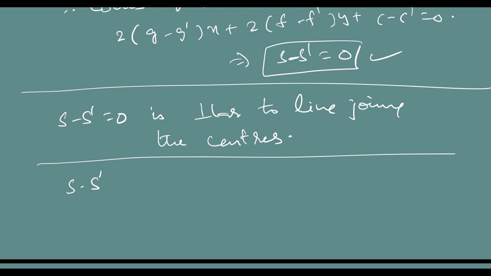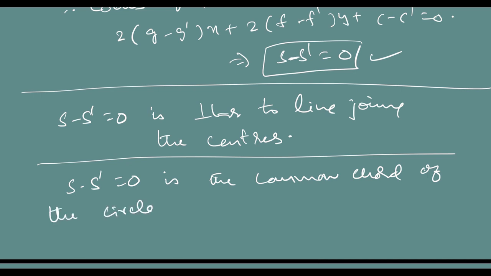We know that S minus S dash equal to 0 is the common chord of the circles S equal to 0 and S dash equal to 0 when they are intersecting.